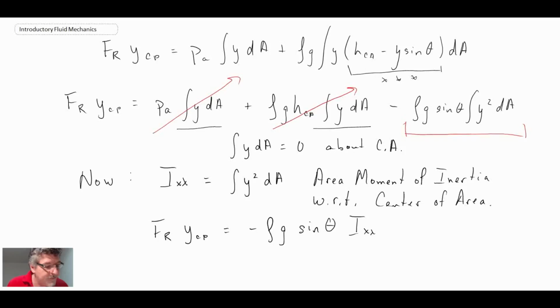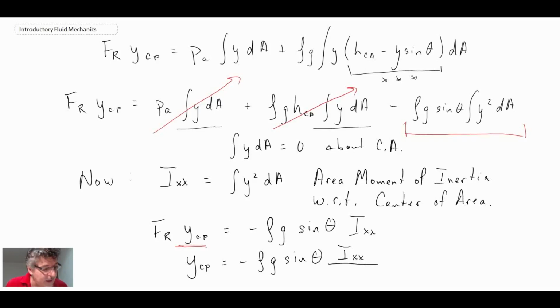In this form. Rearranging, remember what we're after? We're after the location of the center of pressure, so let's rewrite that. So Ixx is being divided by the resultant force.